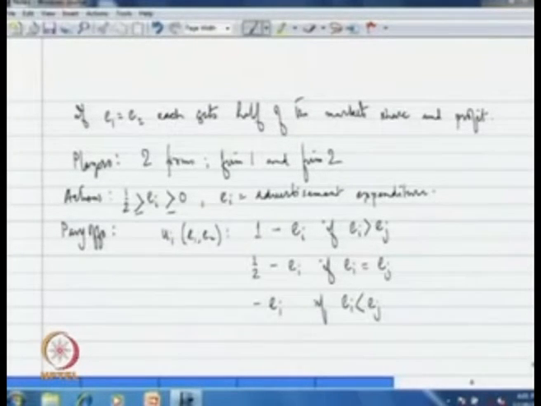And if our spendings are same, I get half of the entire market. So, that basically is normalized to half. So, this becomes the payoff function of each player. We have to find out what is the Nash equilibrium. For that, I have to find out what is the best response function.